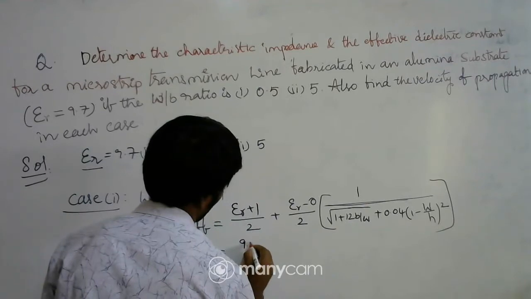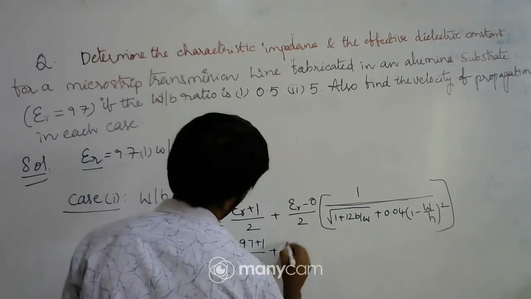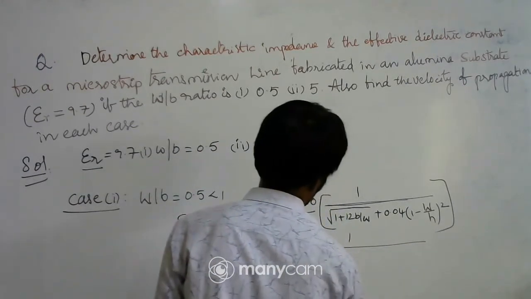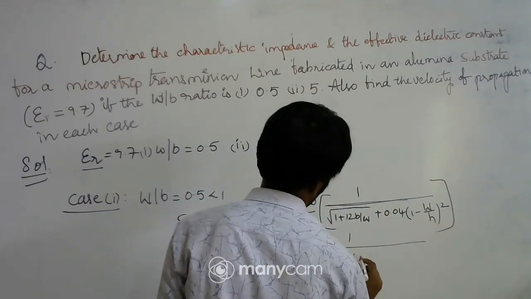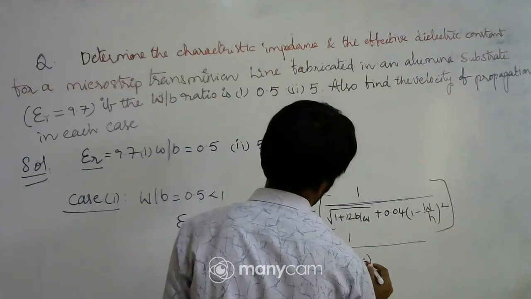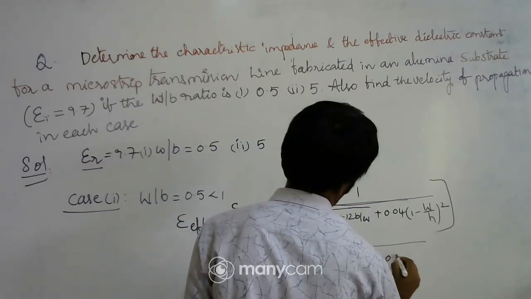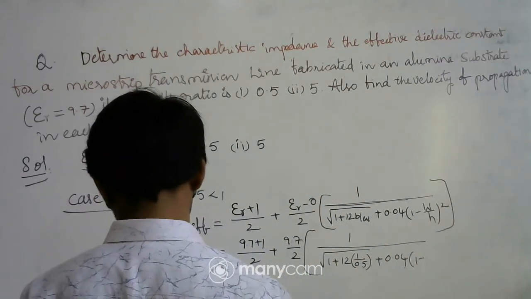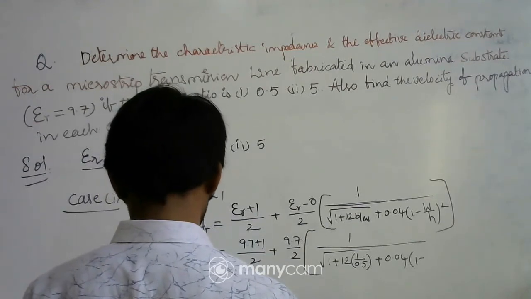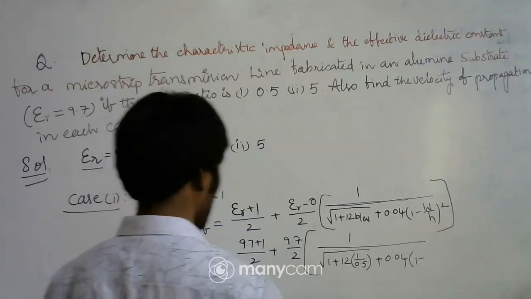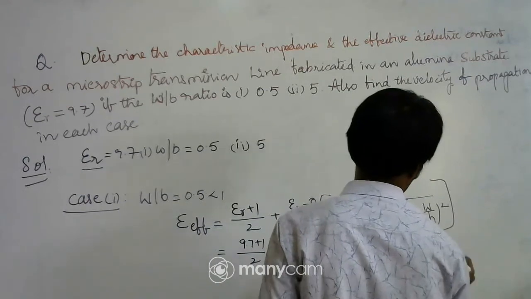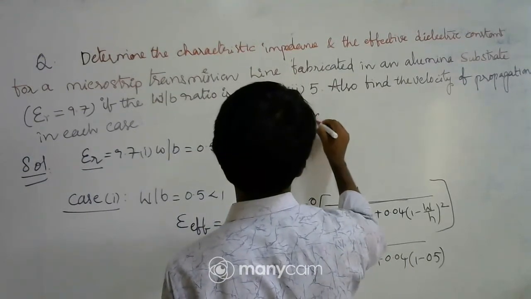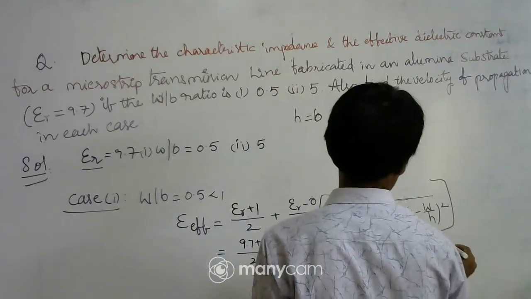That equals 9.7 plus 1 by 2 plus 9.7 minus 1 divided by 2 of 1 by square root of 1 plus 12 into 1 divided by 0.5, plus 0.04 into 1 minus W by H, that value is 0.5, where H is B here. Whole square.